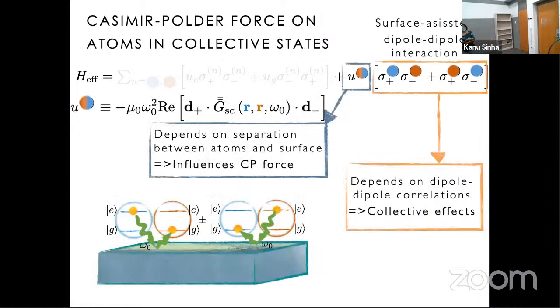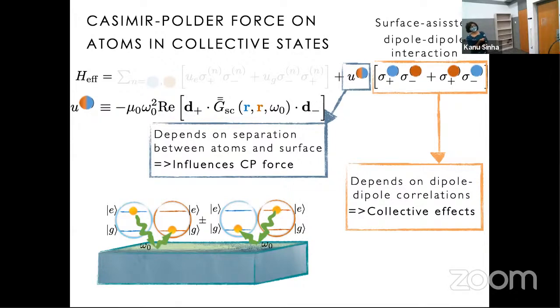So what this shows us, therefore, is that there is a dipole-dipole correlation dependent positive or negative contribution to this orange box. And the coefficient out front here depends on how far the atoms are from the surface. So as a result, we have collective effects, which influence the Casimir-Polder force of the total atomic system.